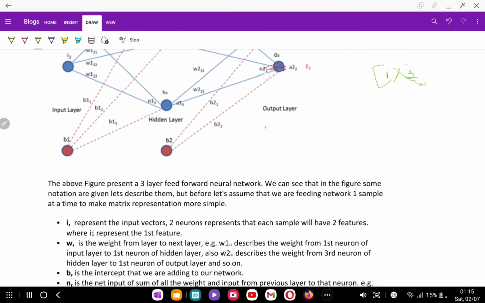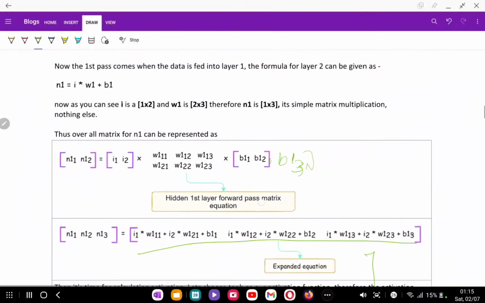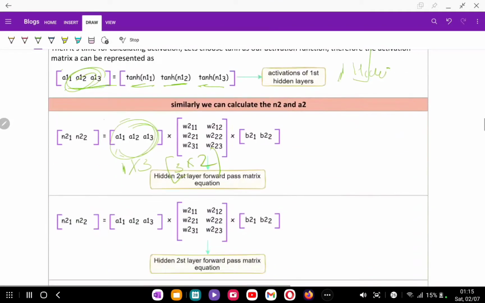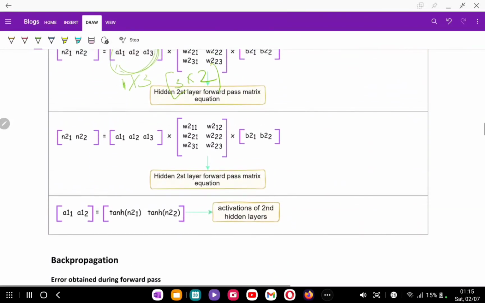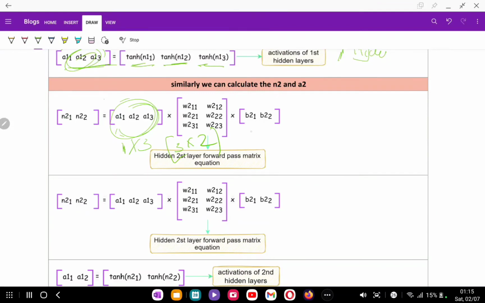And this is 1 by 2. So here you're having 1 by 3, 3 by 2 and 1 by 2. So 1 by 2 plus 1 by 2 is 1 by 2.